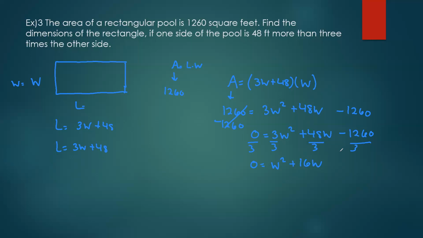Negative 1260 divided by 3 is negative 420. Okay, factor this out. What two numbers multiply to negative 420 and when added give you 16? It would be w plus 30, w minus 14. Okay, when you actually solve for w, you're going to get w equals negative 30 and w equals 14.